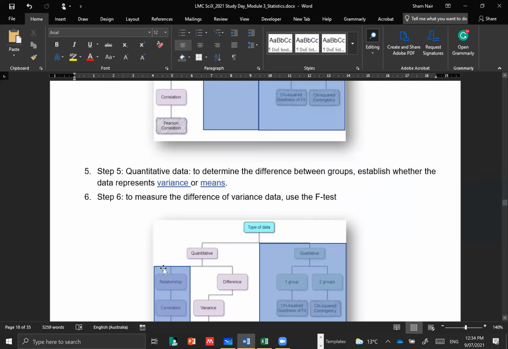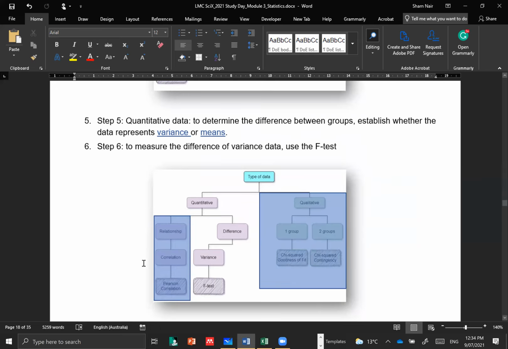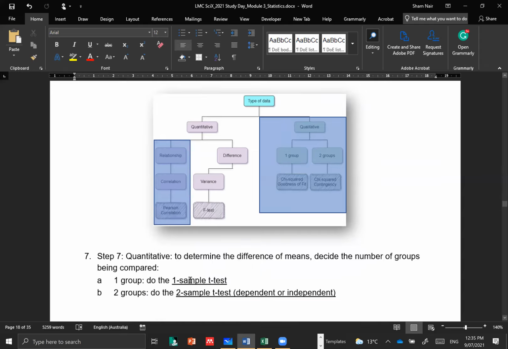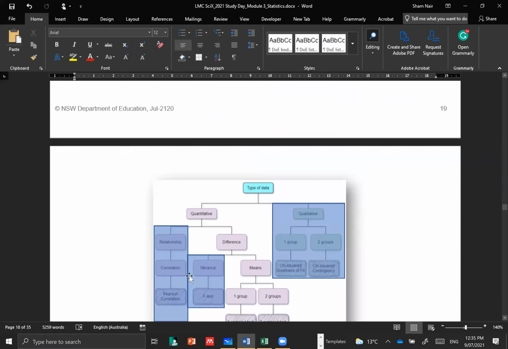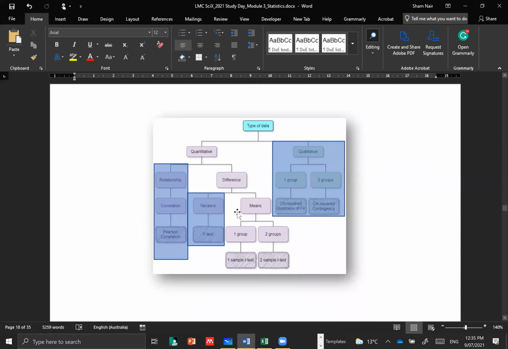If, on the other hand, you want to measure the difference, so ignore this relationship branch, look at the difference branch. Then the next question is, what data have you collected? Are you going to look at variance data? And if that's the case, you'll do the F test. If, on the other hand, you're going to compare means, then determine whether you've got a single data set.